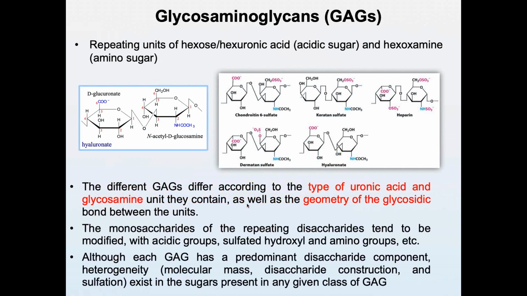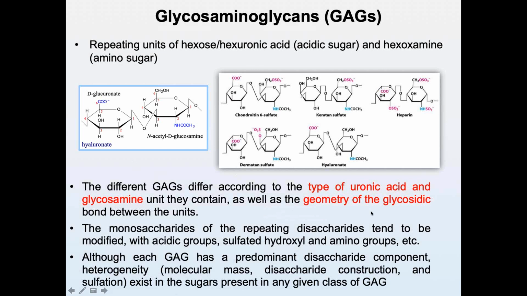Okay, so this is a short introduction of GAGs, and I'm sure you all know this. So basically it's repeating units of hexuronic acidic sugar and hexosamine, which is the amino sugar. It's a repeating unit. And there are 5 different classes of GAGs.